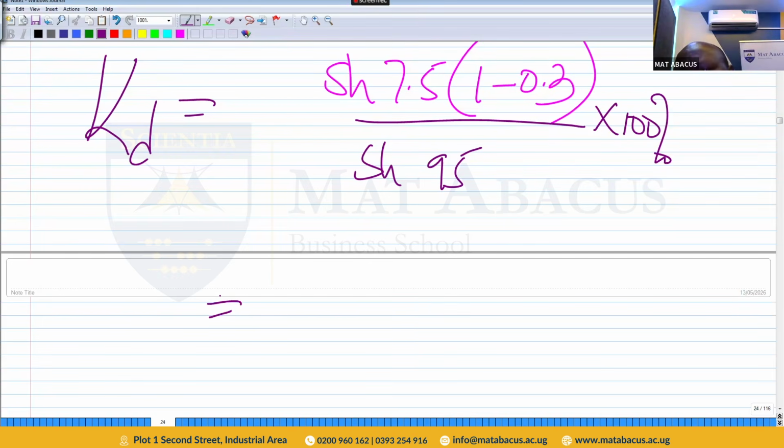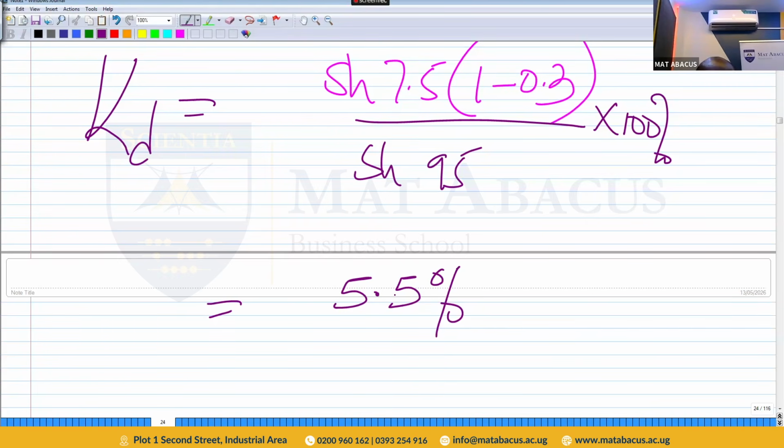And when you throw that into a calculator, times 0.3, 0.7, divide it by 95 times 100, you will get the cost of debt of the debenture as 5.5%.